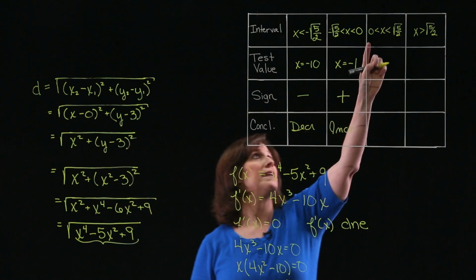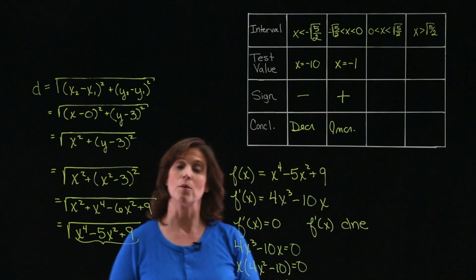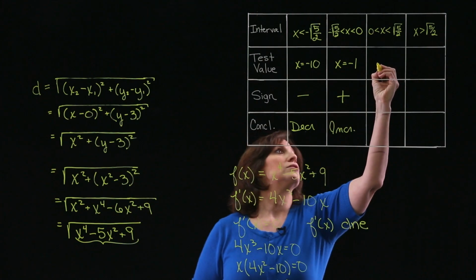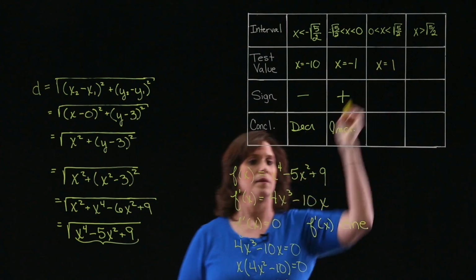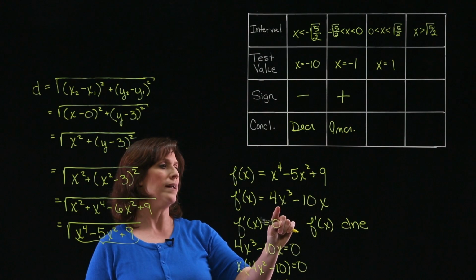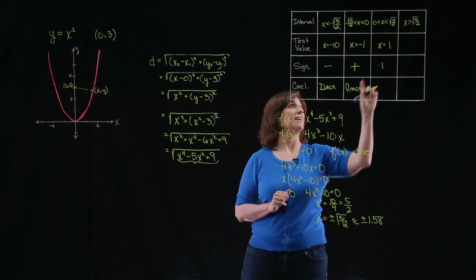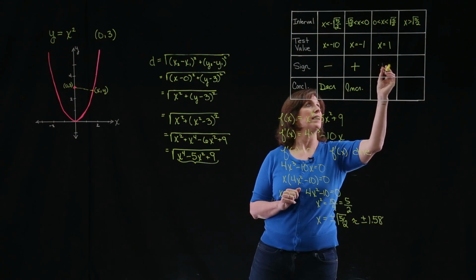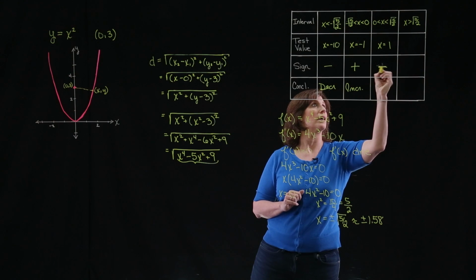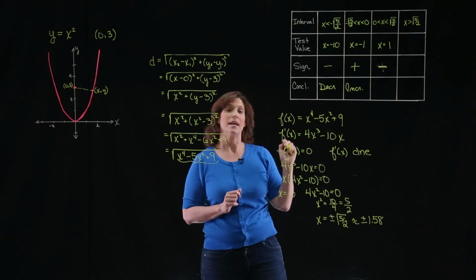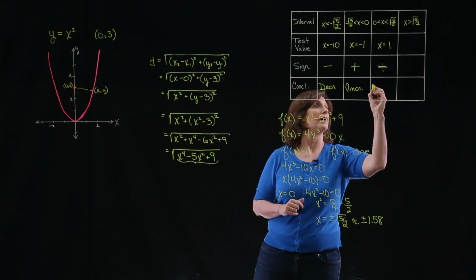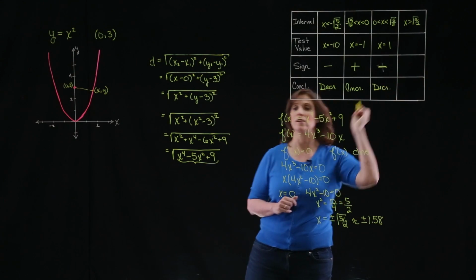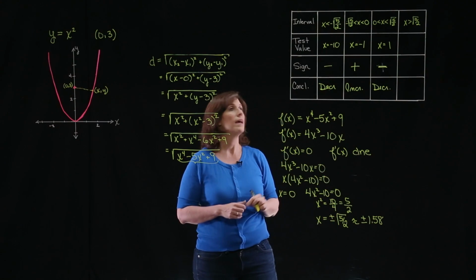Okay, I need to pick something now between 0 and the square root of 5/2. Well, let's try positive 1. If I try positive 1, I'll have 4 minus 10, which is a negative number. Because it's negative, I know my function is decreasing.